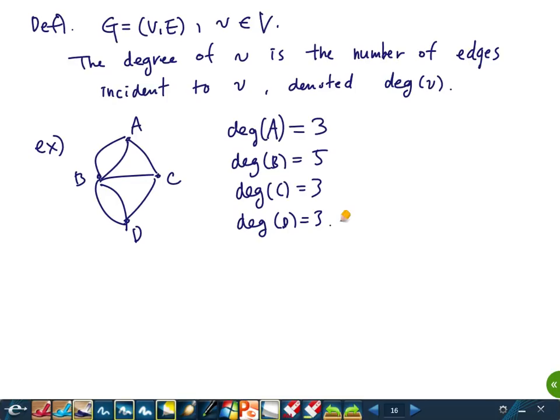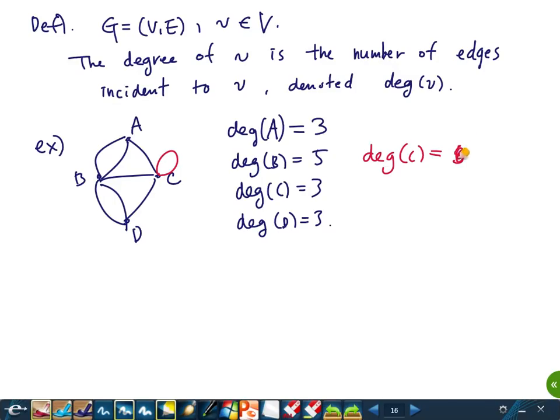What if we have a loop? Suppose we have a loop like this. Then the degree of C, we have 1, 2, 3, 4. Sometimes people define this to be 4, but we're going to define this to be 5.